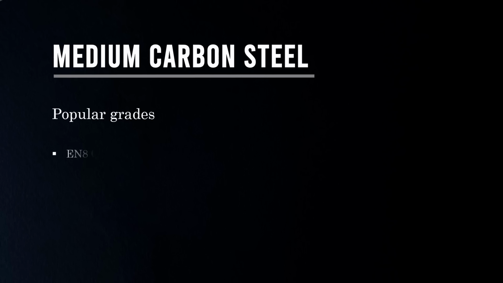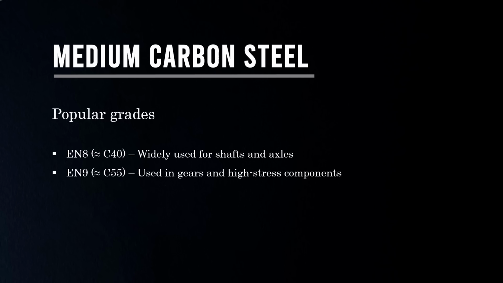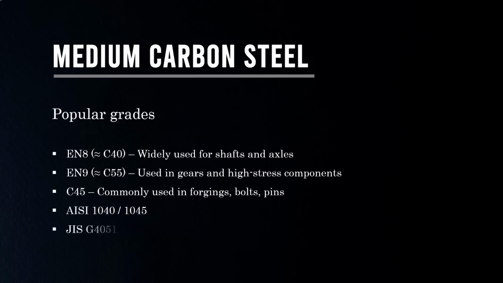The popular grades are EN8, C40, widely used for shafts and axles, EN9, equivalent to C55, used in gears and high stress components, C45, commonly used in forgings, bolts, and pins, also 1040 or 1045.